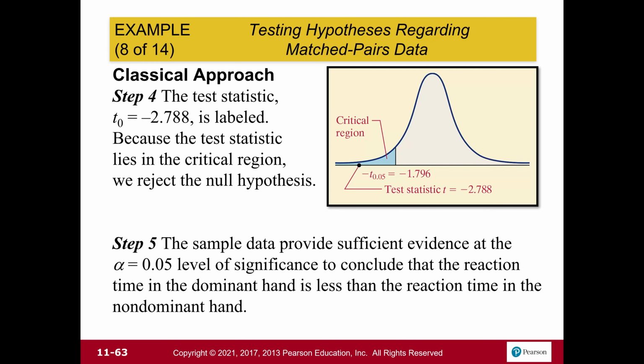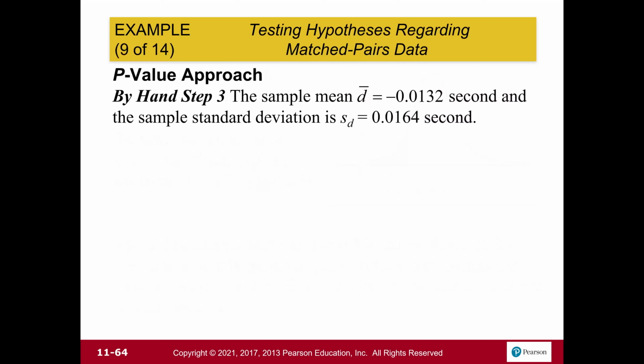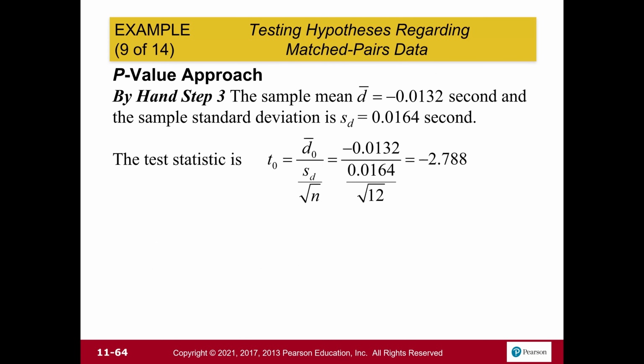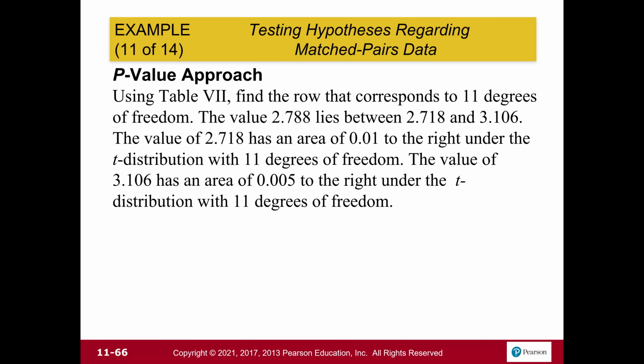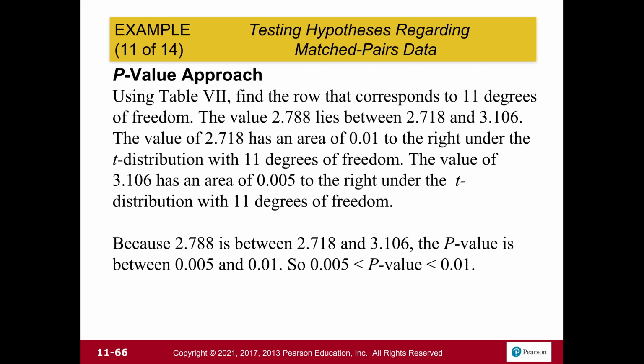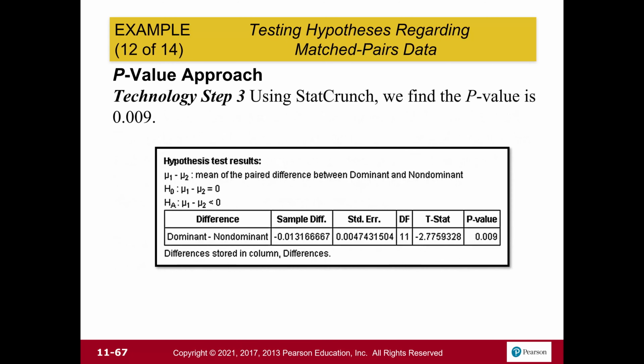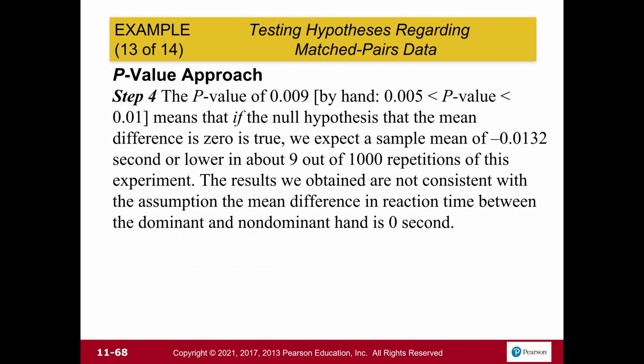We have enough data to conclude that the reaction time in the dominant hand is less than the reaction time in the non-dominant hand. The p-value is less than 1%, so it's clearly less than 0.05.